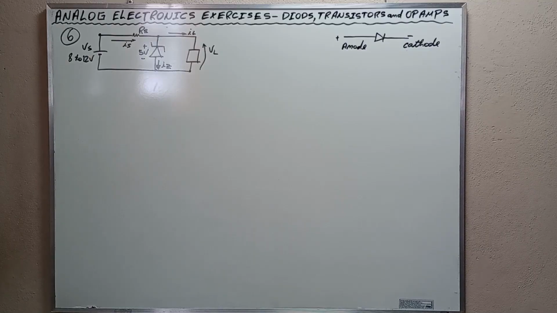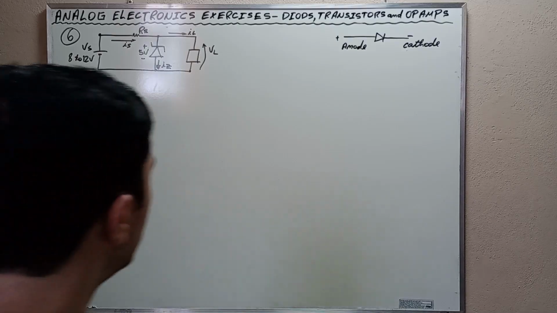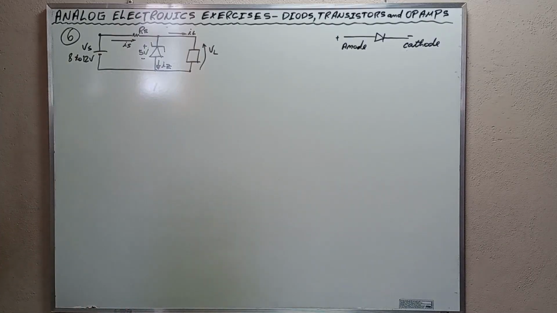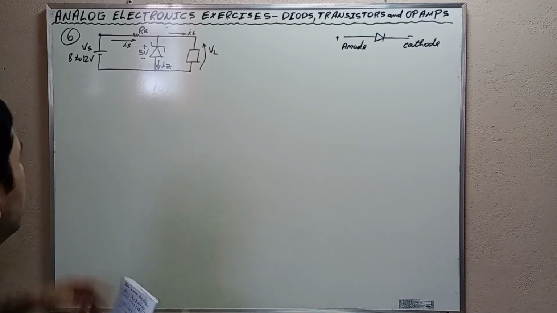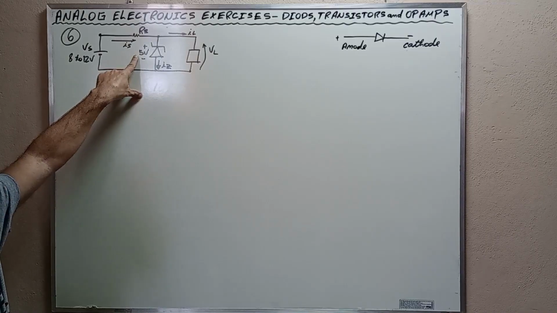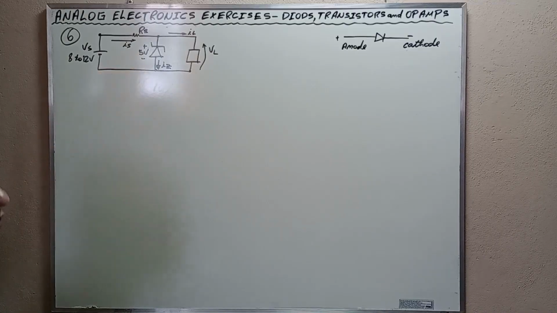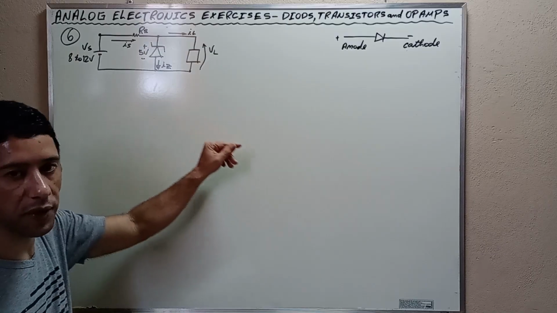Okay, my friends, this is the exercise, and let's go to the solution. The breakdown voltage of the Zener diode is 5 volts, okay? The exercise said that the breakdown voltage of the Zener diode is 5 volts. That is, there will be current through the Zener only if Vz is greater than 5. What does it mean?